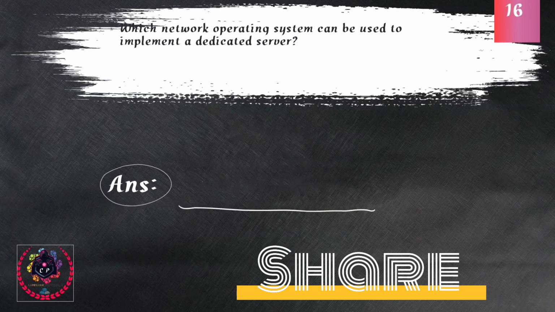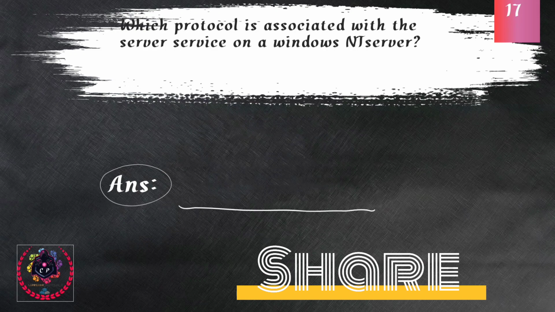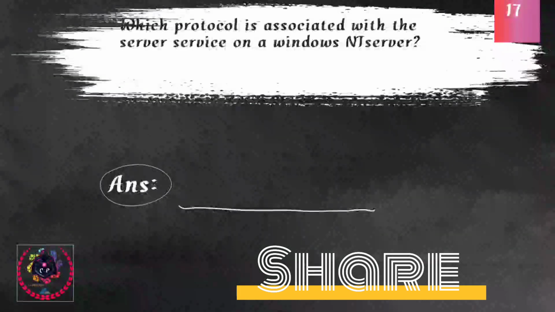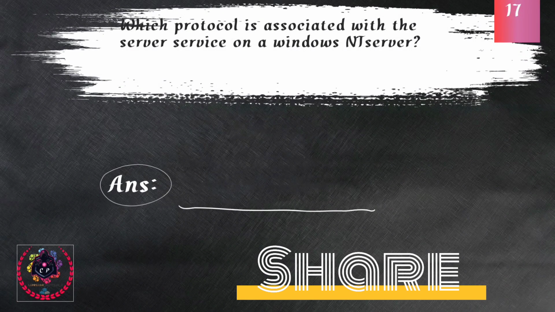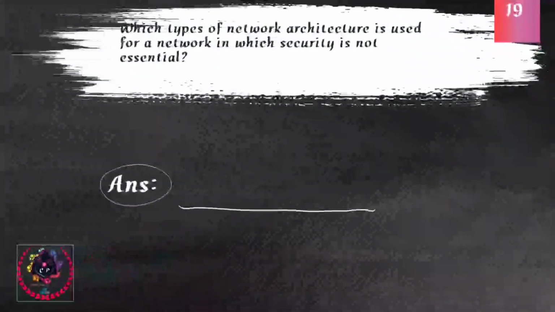Which network operating system can be used to implement a dedicated server? Novell NetWare. Which protocol is associated with the server service on a Windows NT server? SMB. SMB stands for Server Message Block.